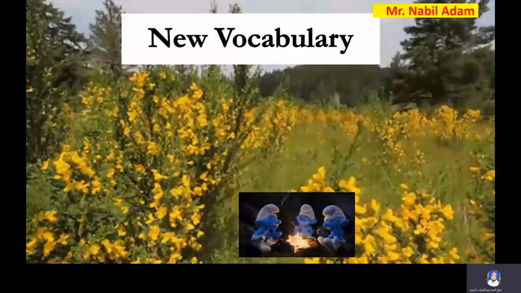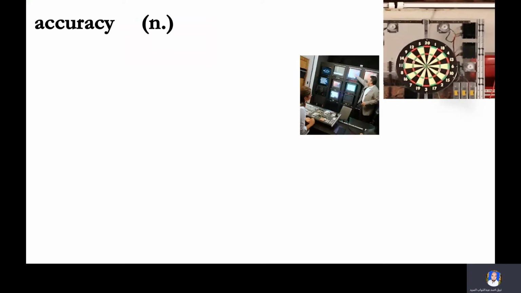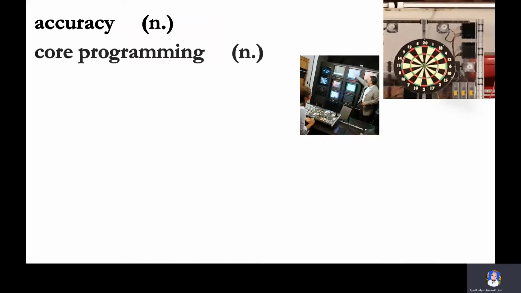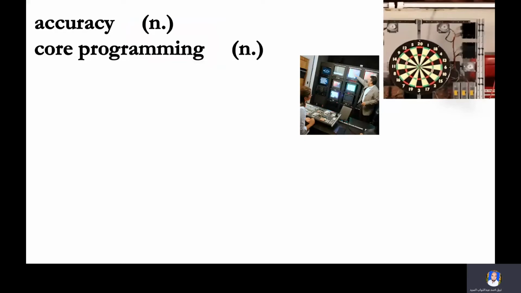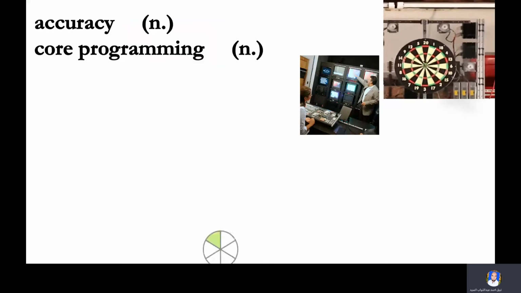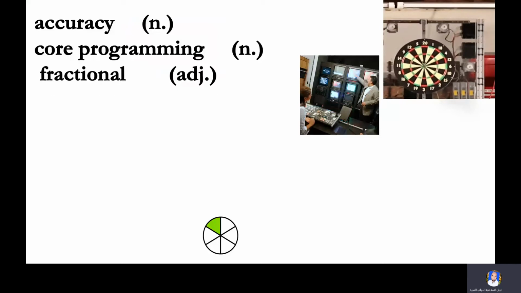So let's revise the new vocabulary again. Accuracy. Core programming. Fractional.